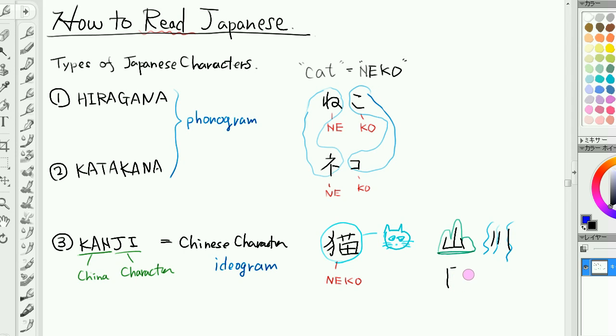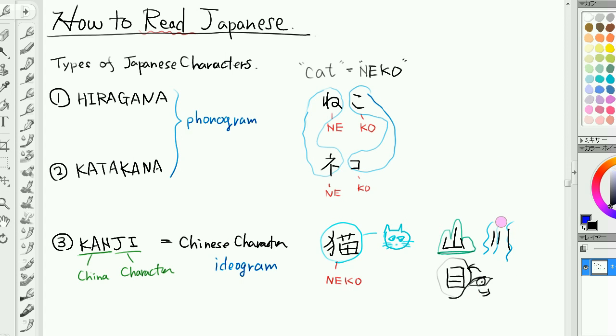Okay, and well, this means an eye, and it came from the picture of an eye. You know, if you flip it over like this, it'll get to the kanji of eye.